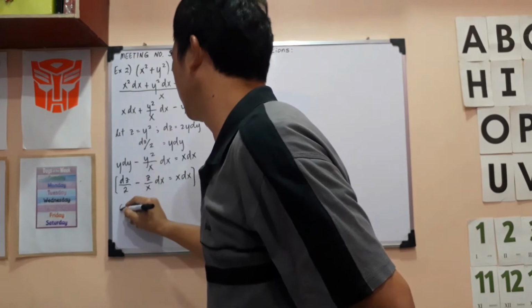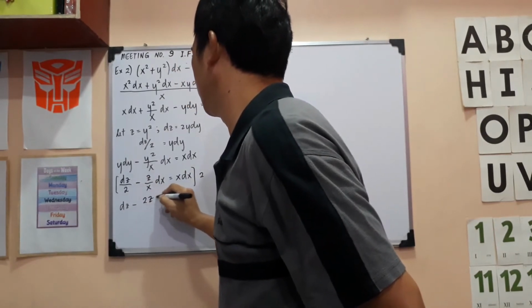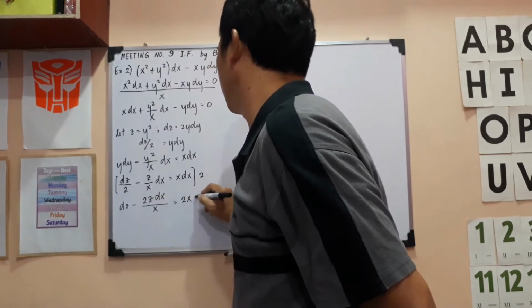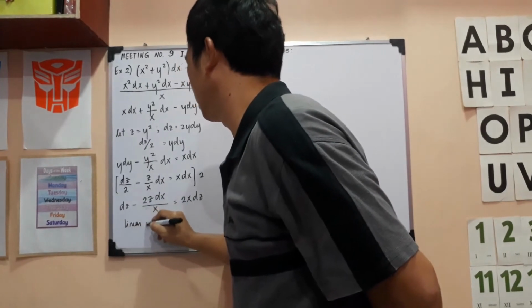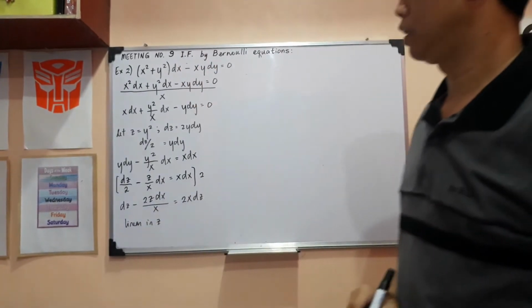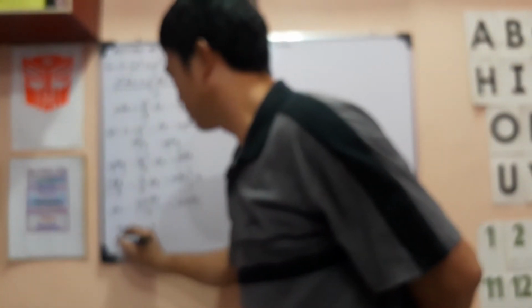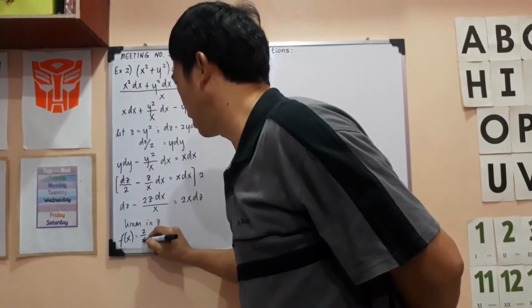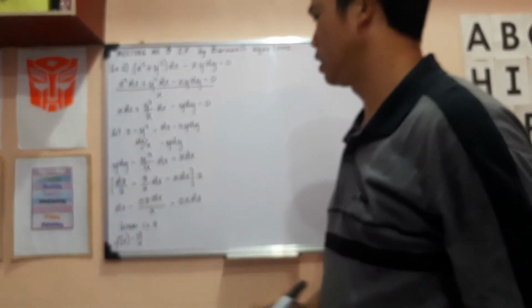So, I have now dz minus 2z dx over x is equal to 2x dx. So, this is now linear in z. So, ang ating magiging function of x is equal to negative 2 all over x. Ito yon. Yung nagpapagulo dun sa linear in z.